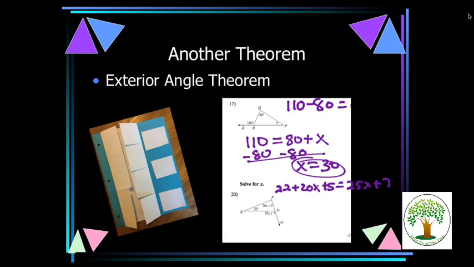Now we have to add some stuff together. That makes 27 plus 20x equals 25x plus 7. I like to bring the 20x over. That means I have to bring the 7 over. So I'll have 20 equals 5x. Divide by the 5. x equals 4, that's what I got too.